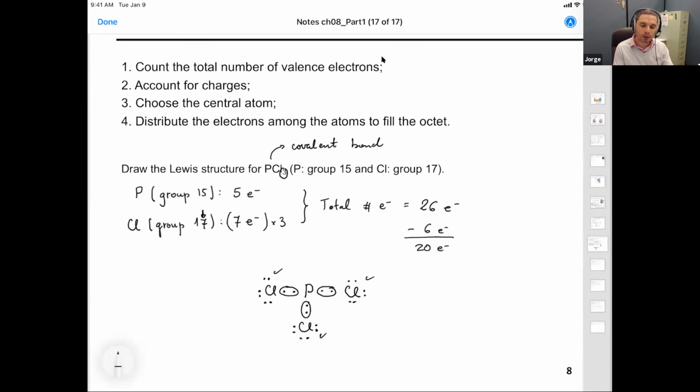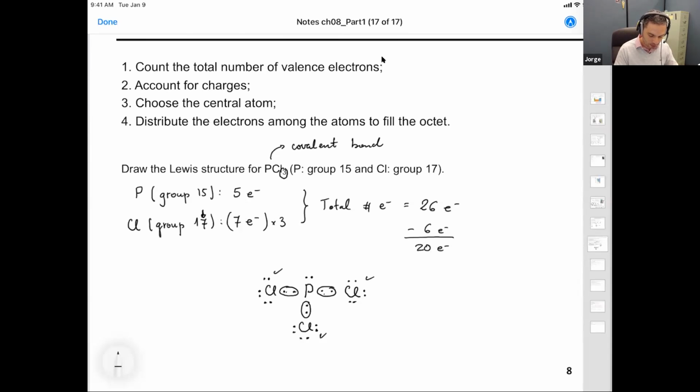And now we look at the central atom. So phosphorus only has 1, 2, 3, 4, 5, and 6 electrons in the valence shell, so therefore it's not stable. And to achieve stability, we add a pair of electrons to the phosphorus atom.